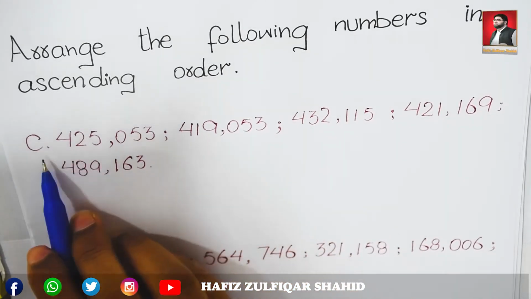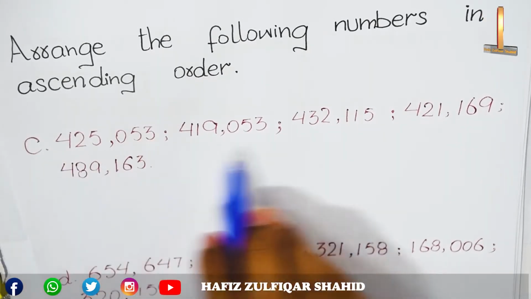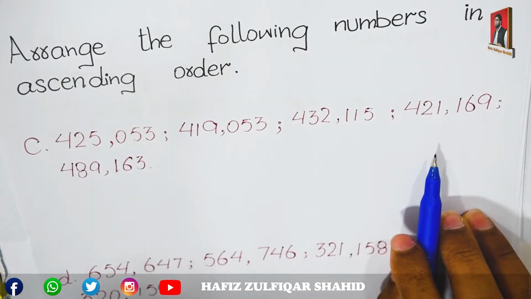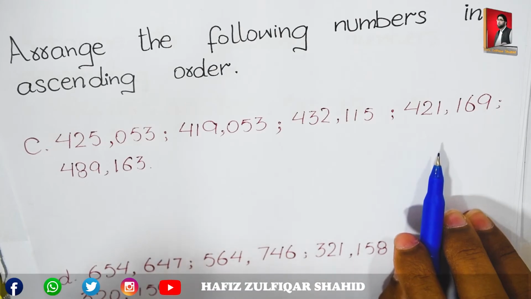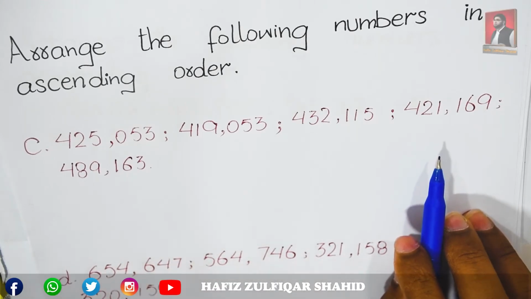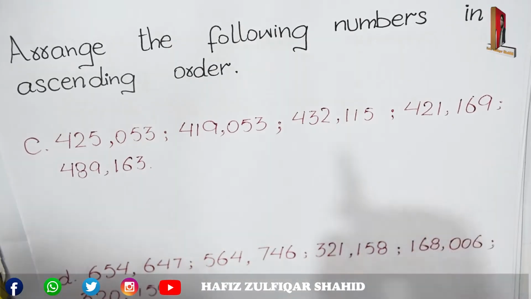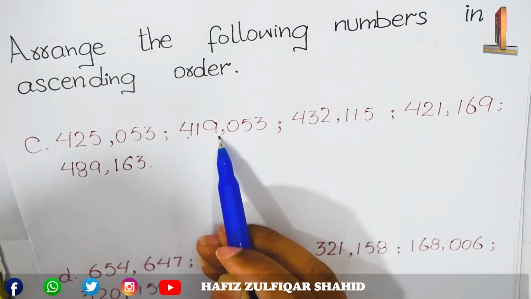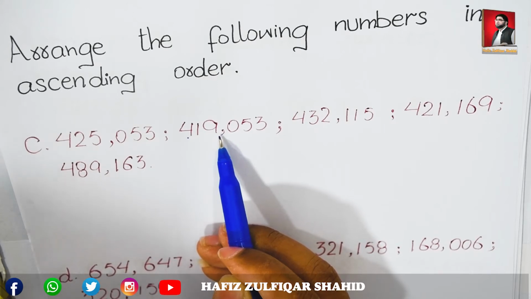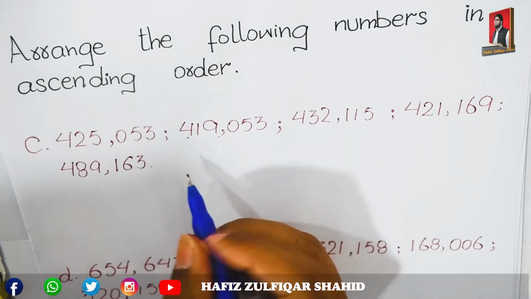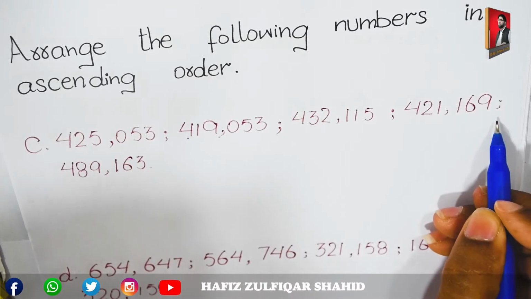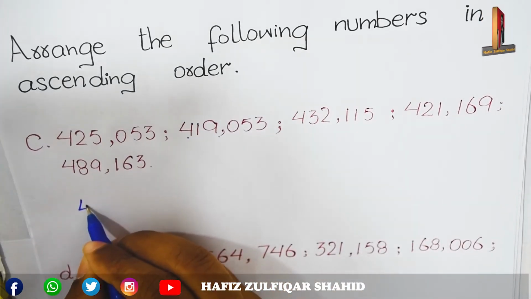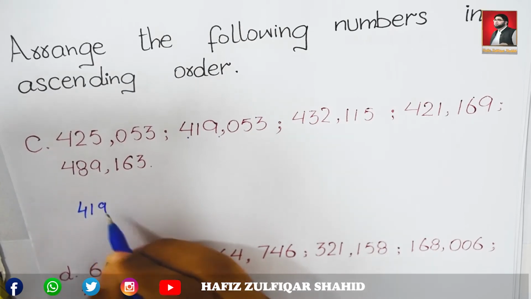Now find out which number is smallest from these. And in given numbers we can see that 419,000 is smallest one if we compare with others. Let's write it first.